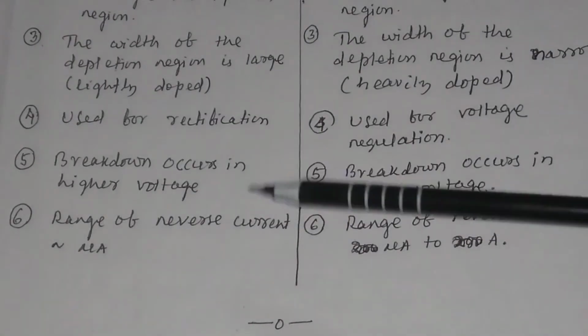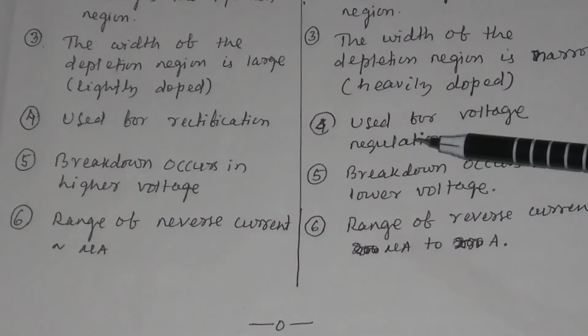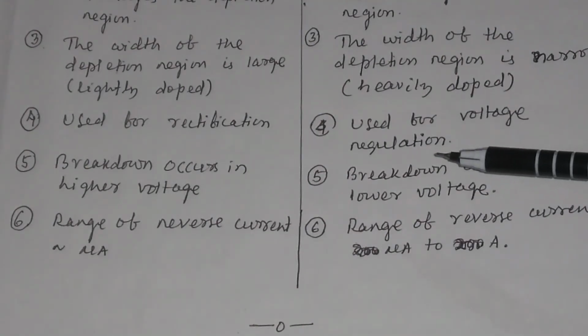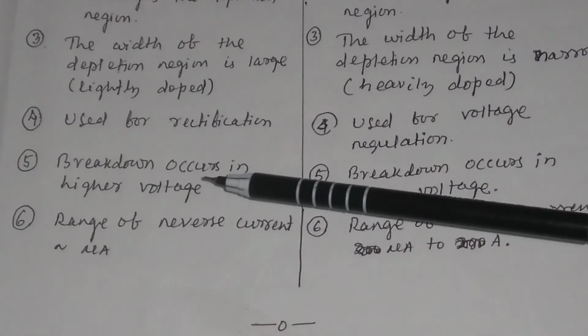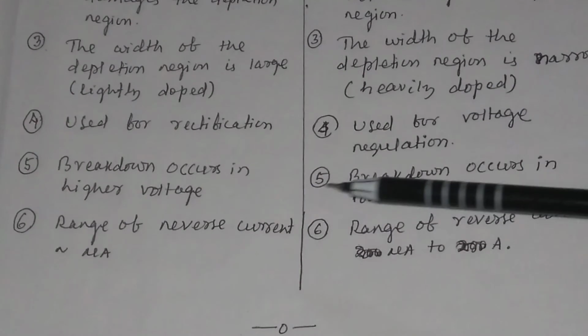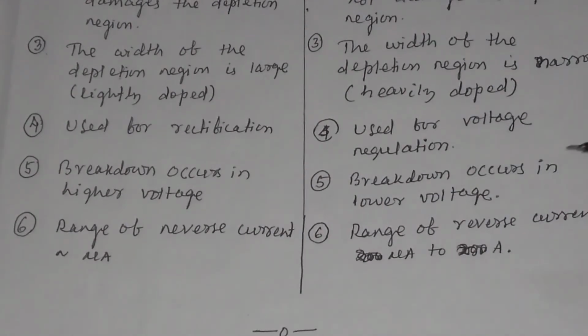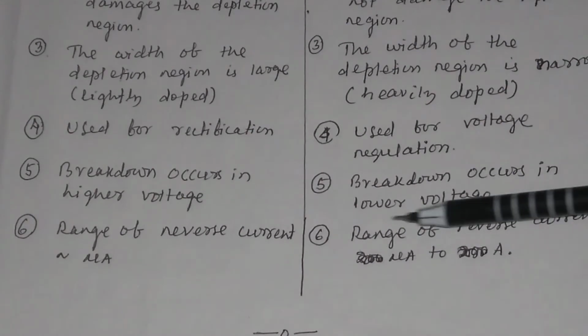And as you know, the PN junction diode is used for rectification and the Zener diode is used for voltage regulation. In a PN junction diode, the breakdown occurs at a higher voltage, but in a Zener diode, the breakdown occurs at a lower voltage.